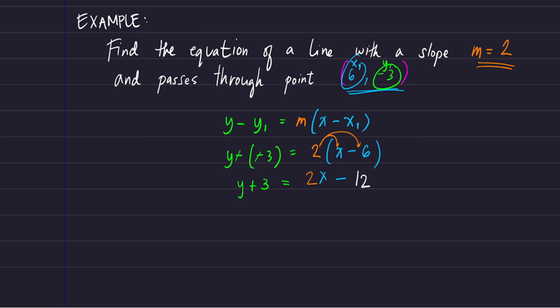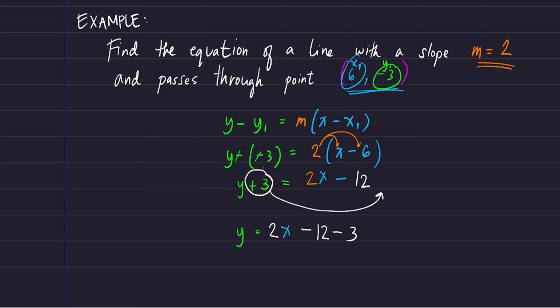Para ma-isolate natin yung y sa left-hand side of the equation, kailangan natin ilipat yung positive 3 sa right-hand side. Since ang 3 ay positive sa left-hand side, pag nilipat natin siya ay magiging negative. So, we have y is equal to 2x minus 12 minus 3.